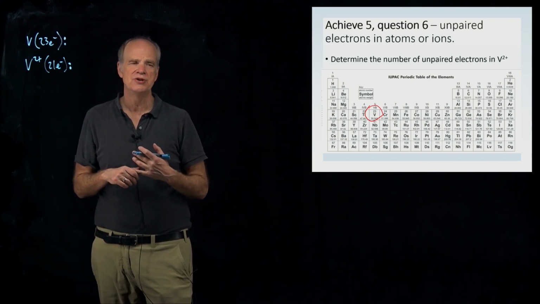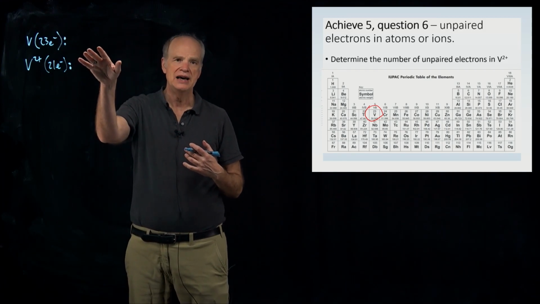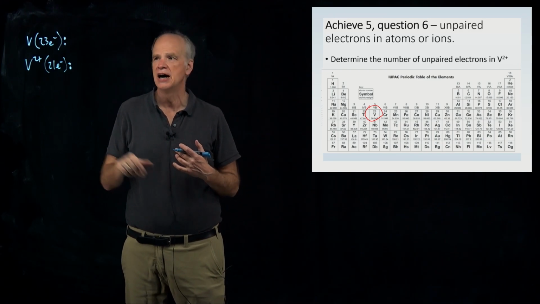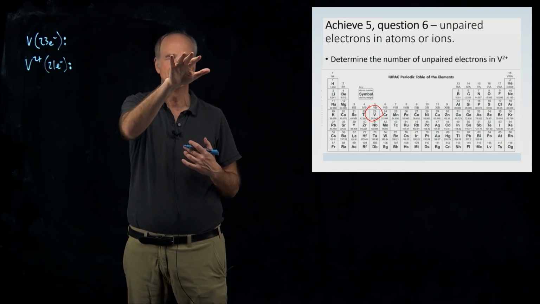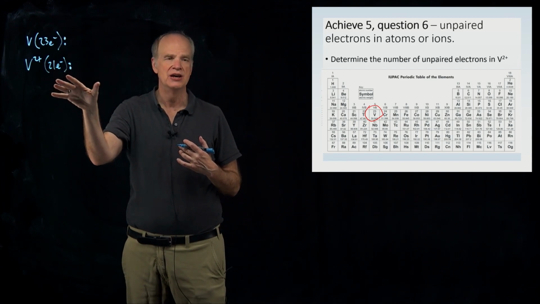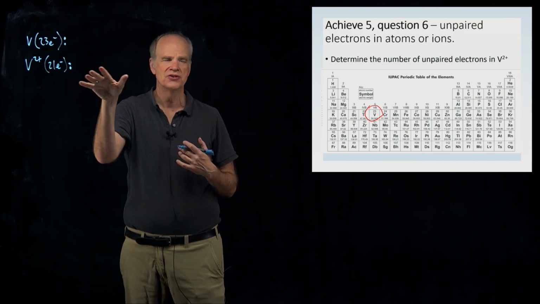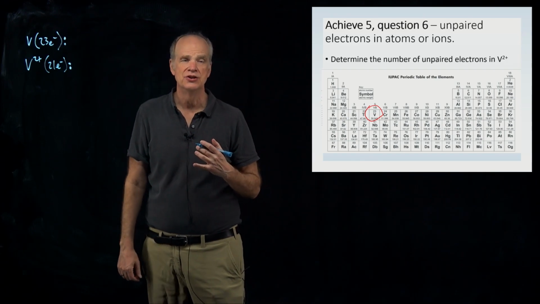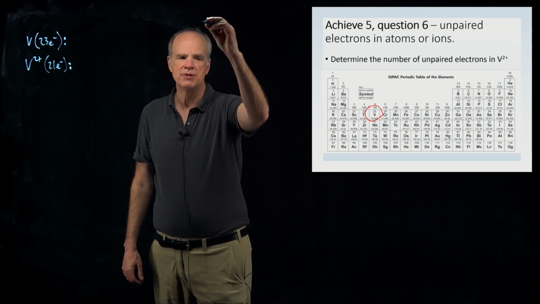So one of the things you have to do is figure out the order of sublevels that are filled by the 23 electrons of the vanadium atom. And then we'll go ahead and do the vanadium 2+ cation. So how do you figure out the order of sublevels? Well, you need to know the diagonal rule, so I will just remind you of that.